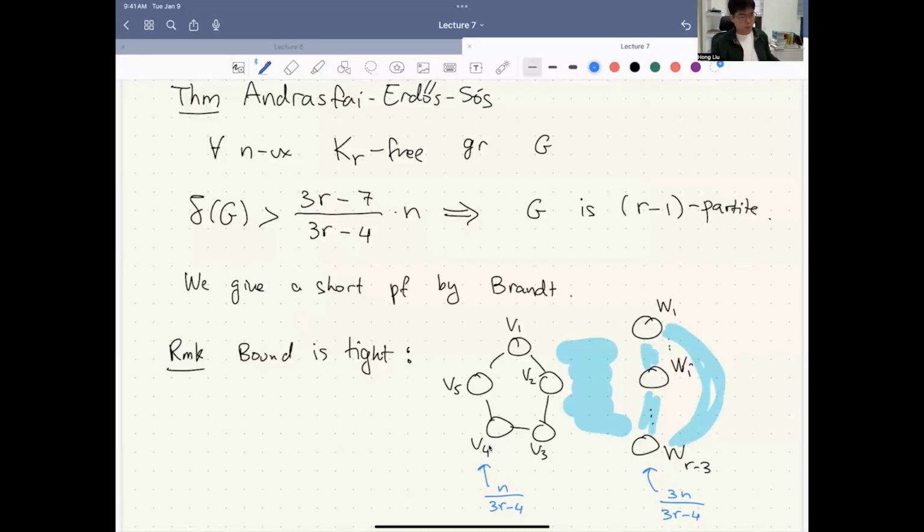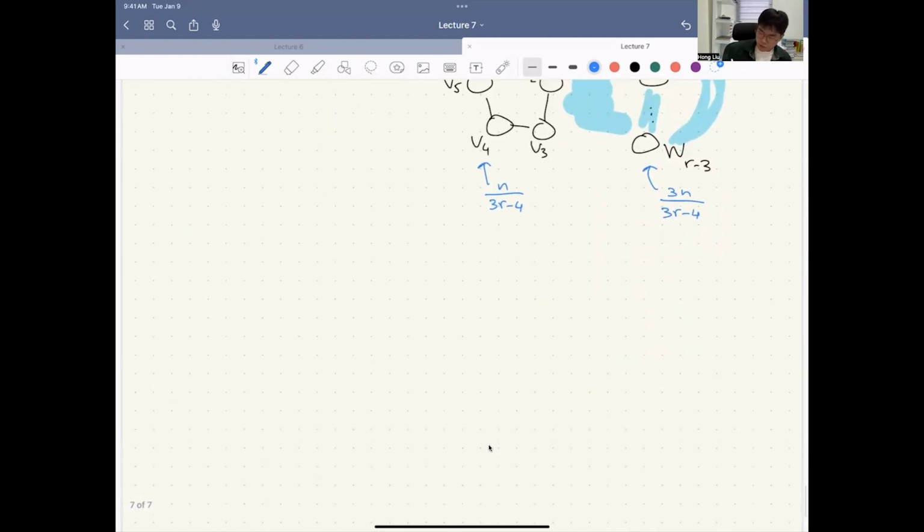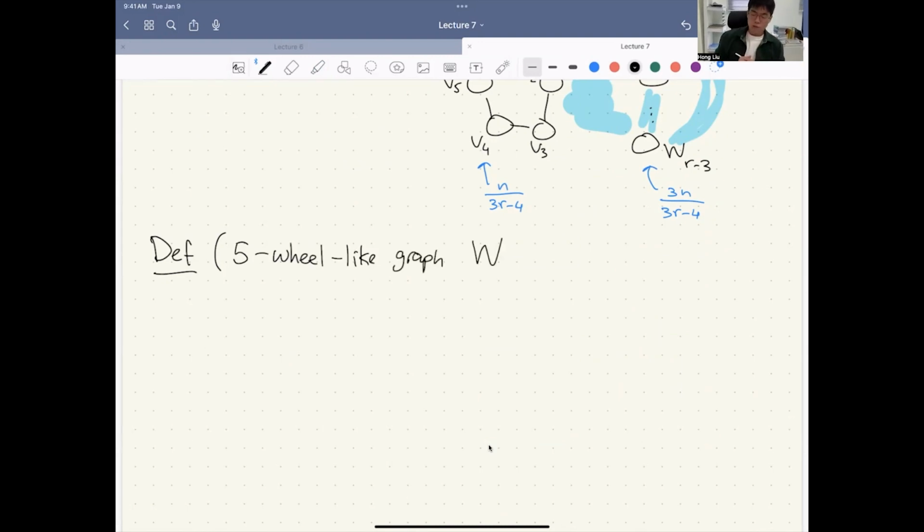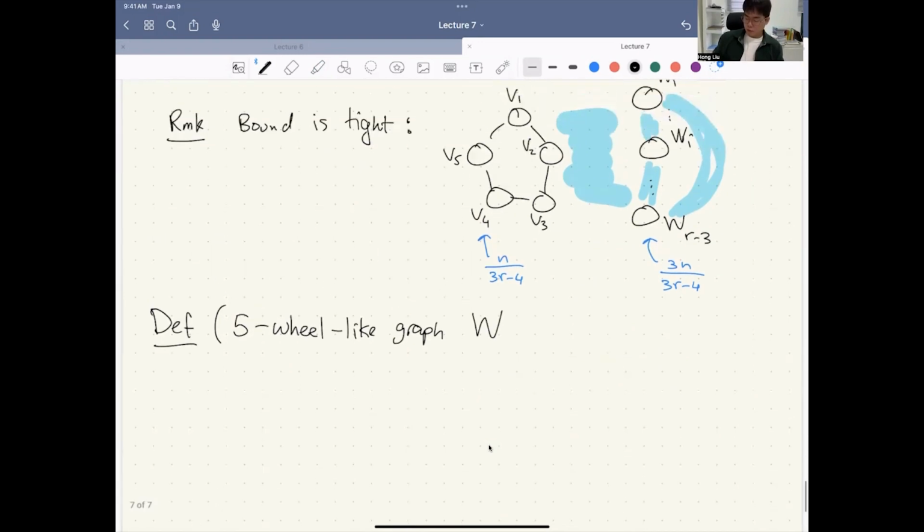So how do we go about proving this? The clever idea of Brandt's is the following structure, which he called 5 wheel-like graph. So, definition of 5 wheel-like graph, which denoted by W. Oh, why is this also W?